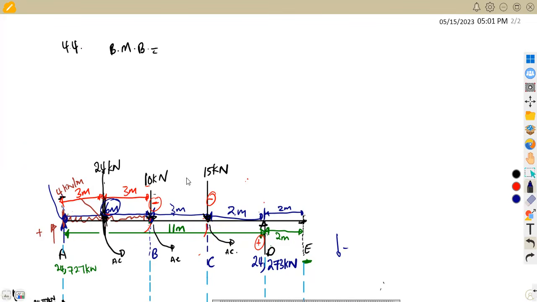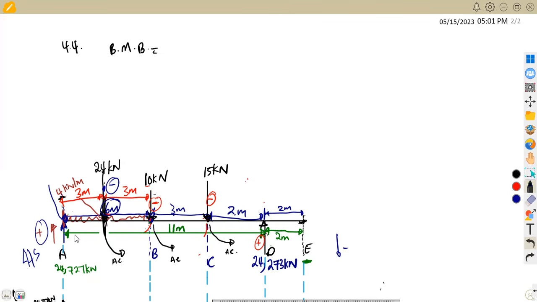So if you are to check at B here, if I'm taking from the left-hand side, I've got 2 forces that I'm going to consider from B. That is A to B, and that 24 kilonewton back to B. But take note, everything that goes up carries a positive, everything going down carries a negative, and it's force times distance.